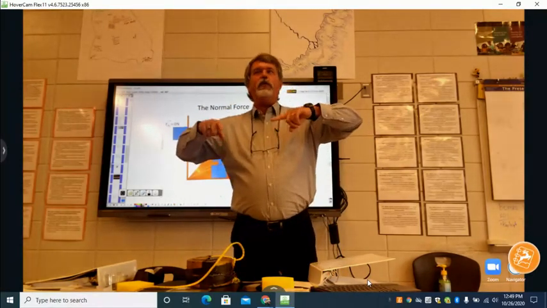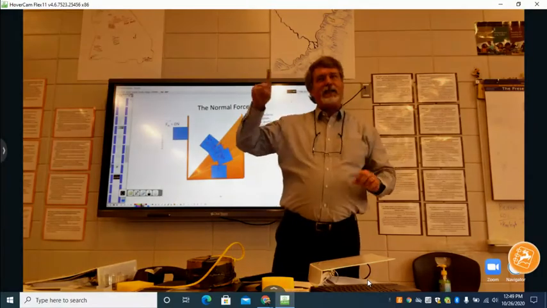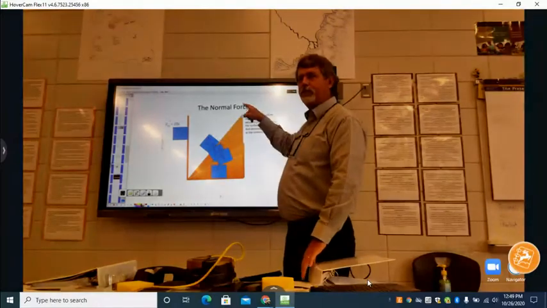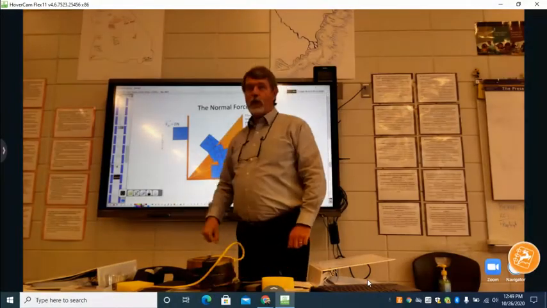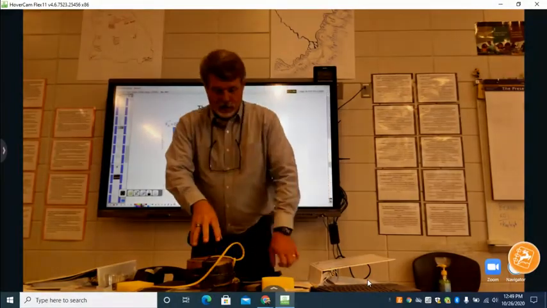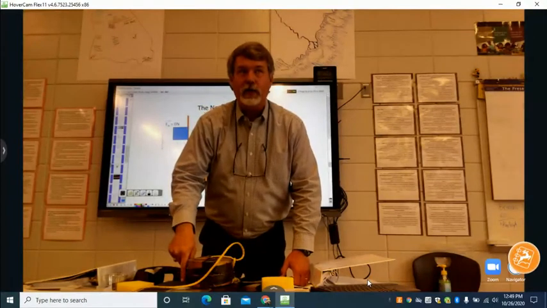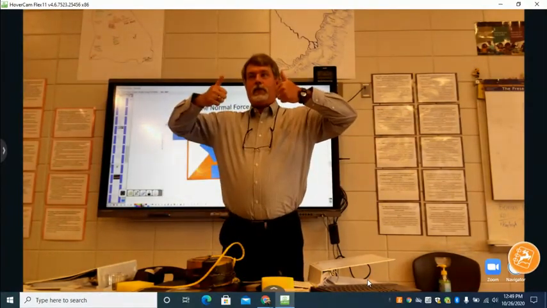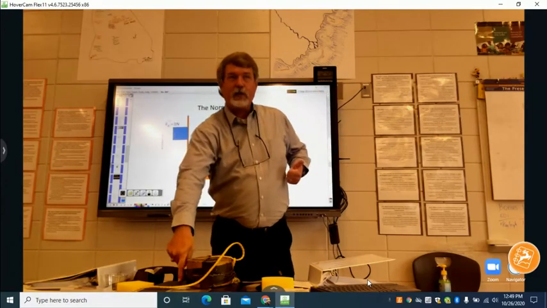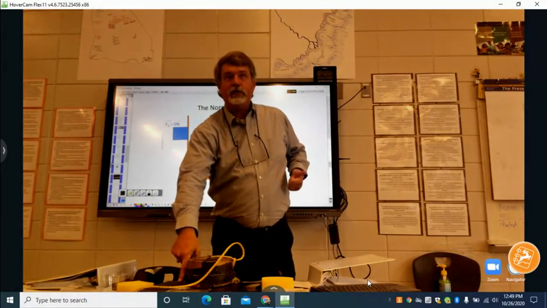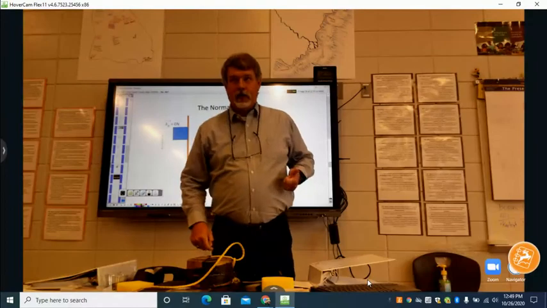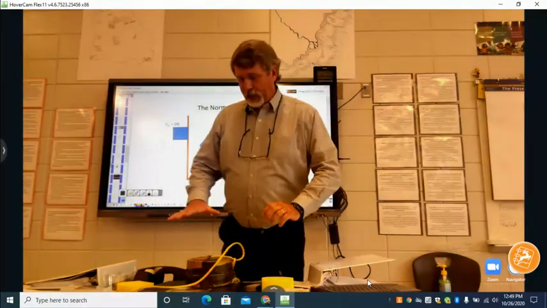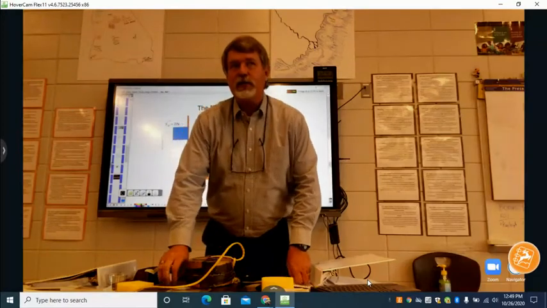Spring scales would measure weight, but technically they're not measuring weight. They're actually measuring the normal force. So think about what's happening here. The weight is pushing down, and the spring scale is pushing up. If this spring scale does not push up, then what does this object do? It goes through the scale. It falls down and collapses, right? So how hard is this pushing up?